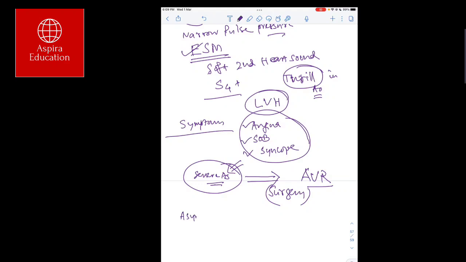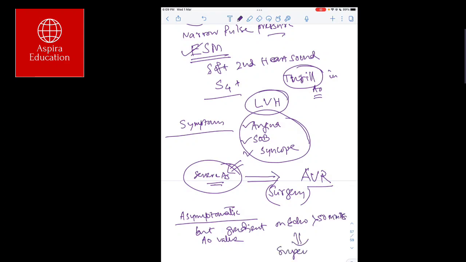If the patient is asymptomatic, but the aortic valve gradient on echo is more than 50 millimeters of mercury, again the treatment is surgery. These two will save you in part 1 and part 2.